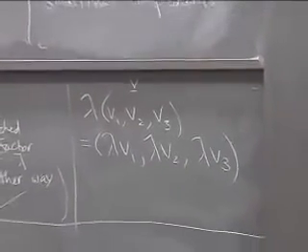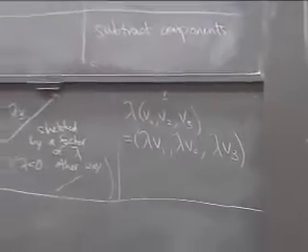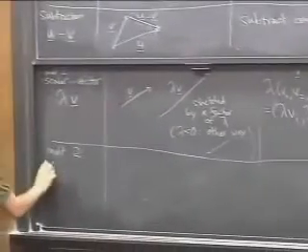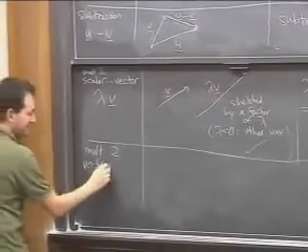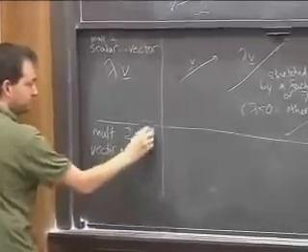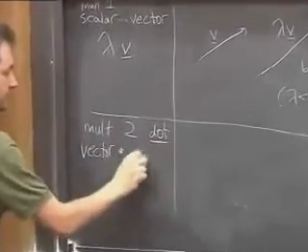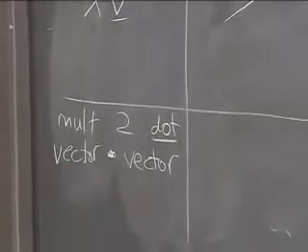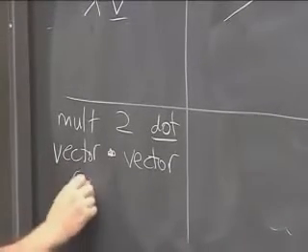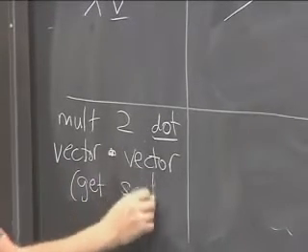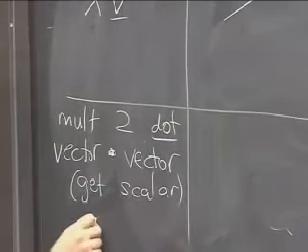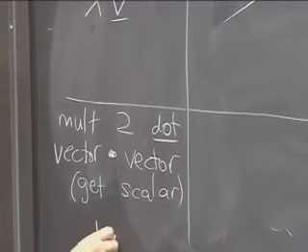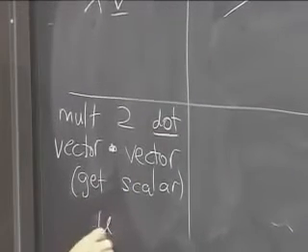To multiply, I'll call it mult2, to multiply a vector by a vector, there's a dot product. Vector dot vector. So it's a dot product, and the result is a scalar. You get a scalar, as in a regular old number. And this is, say, u dot v.